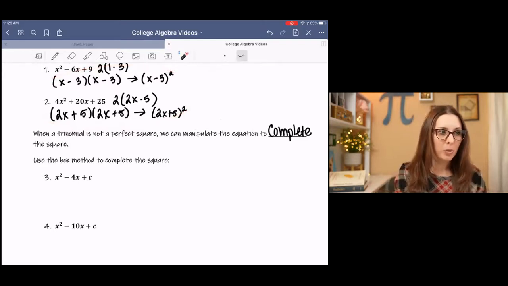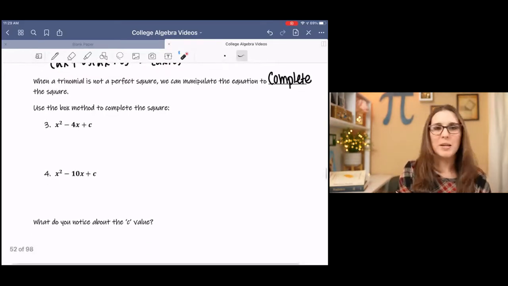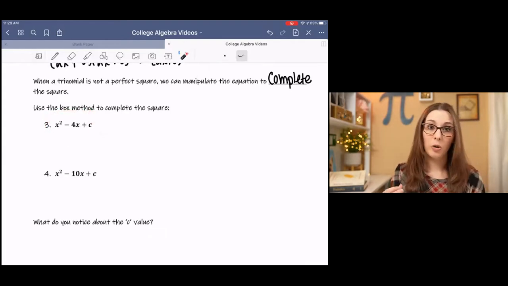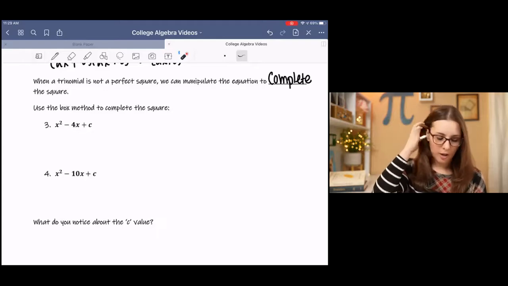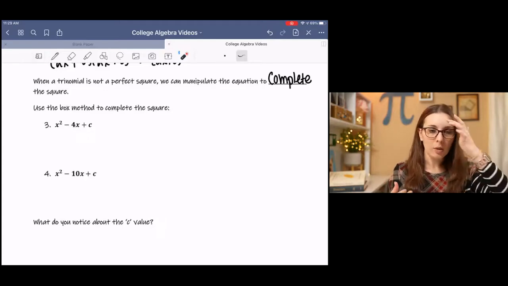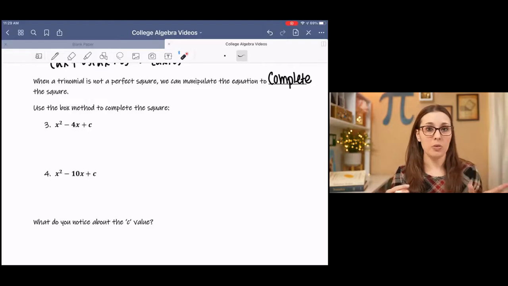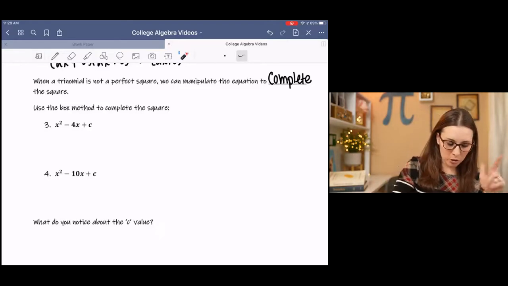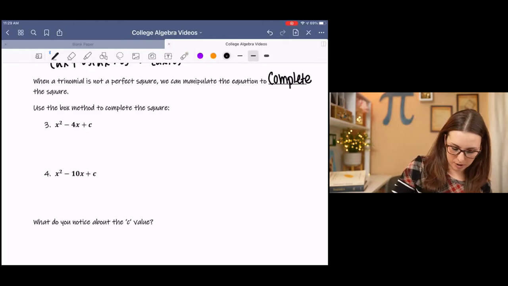So a couple examples, we have a missing piece basically, and we're trying to find the C value that makes this trinomial a perfect square. And one of the ways to do that without having to memorize a formula, I like formulas, they work for me, but just to show you where the formula comes from, I'm going to use the box method.